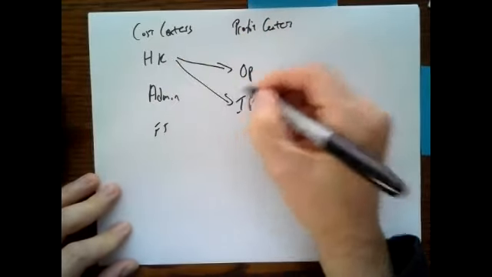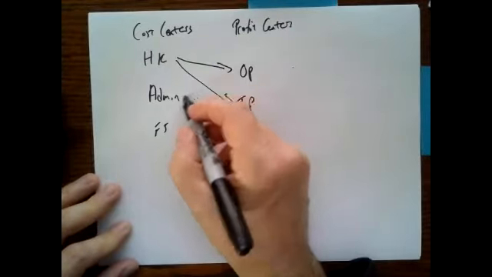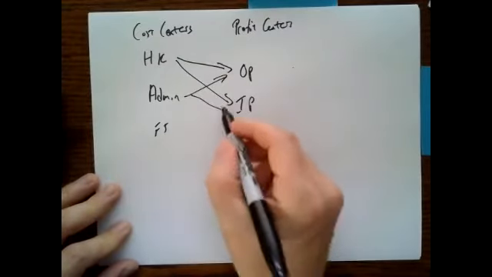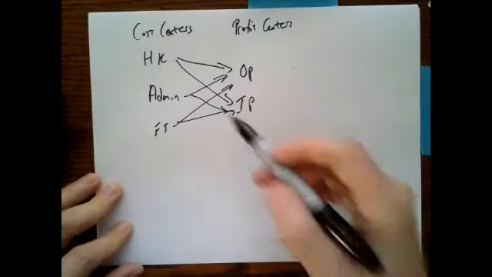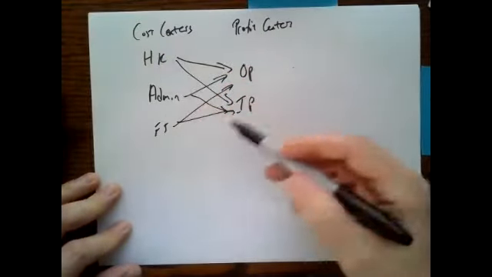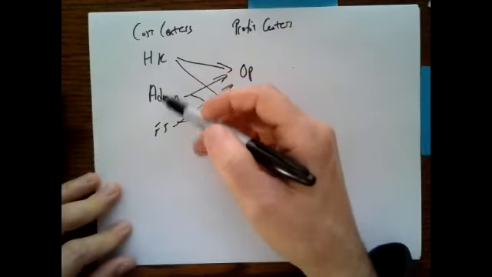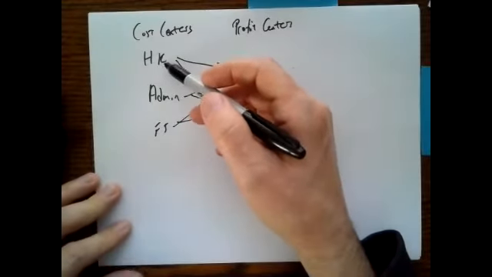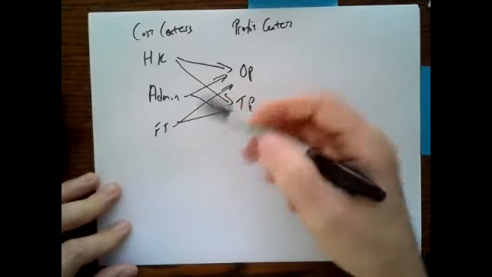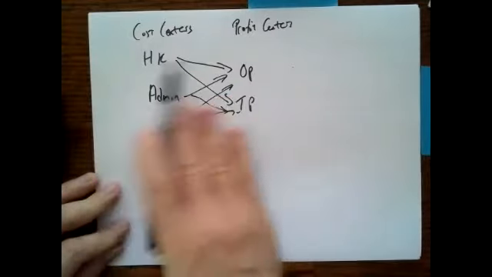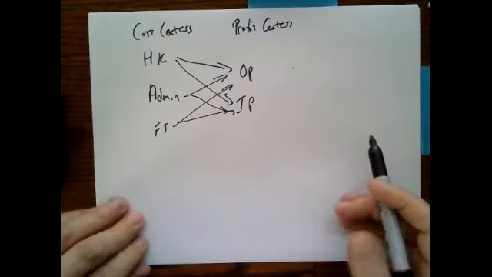Housekeeping sends some of its costs to outpatient and inpatient. Admin sends some of its costs to outpatient and inpatient. Financial services sends some of its costs to outpatient and inpatient. It ignores the relationship between the cost centers. It ignores the fact that admin gets some support from housekeeping and financial services gets some support from both of these. It just ignores that and does a direct allocation.